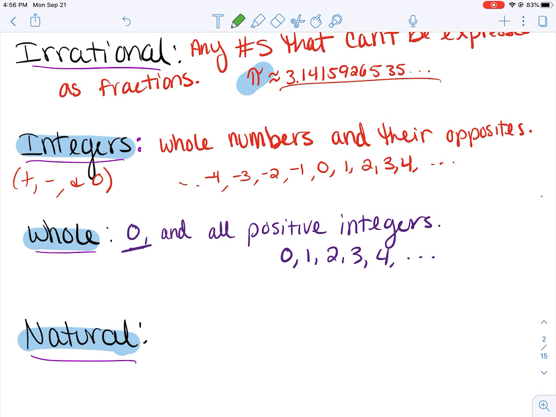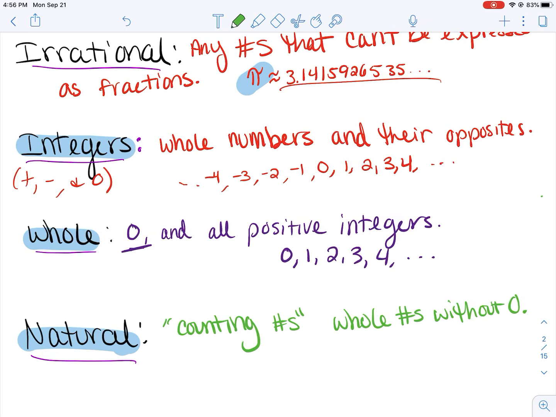So natural numbers, the only difference between natural numbers and whole numbers are that natural numbers, we refer to them like the counting numbers. So it's the whole numbers without 0.